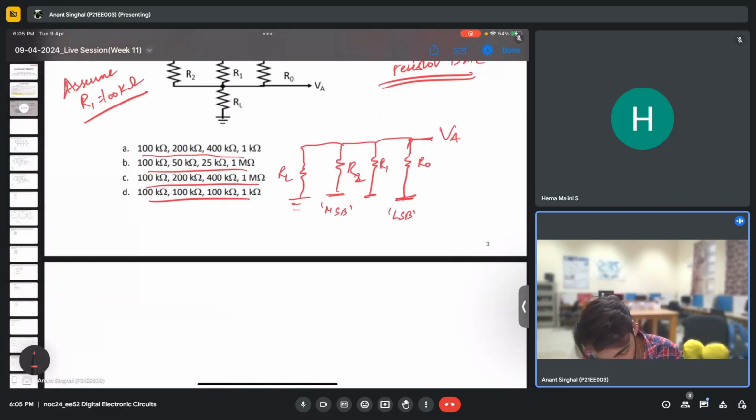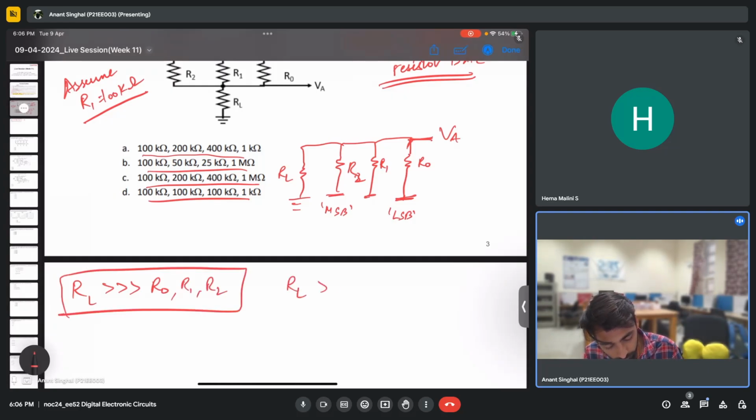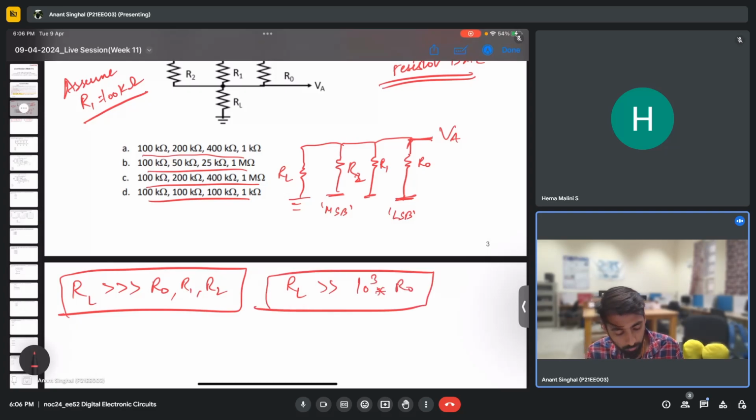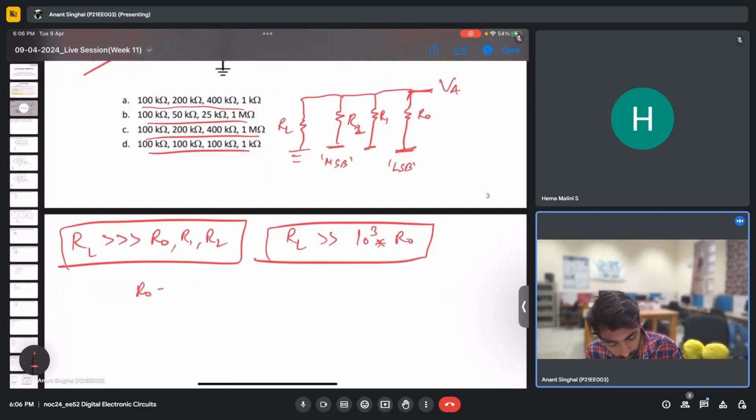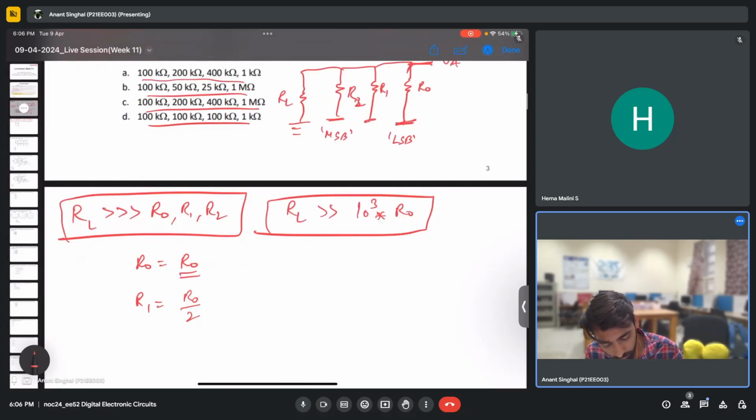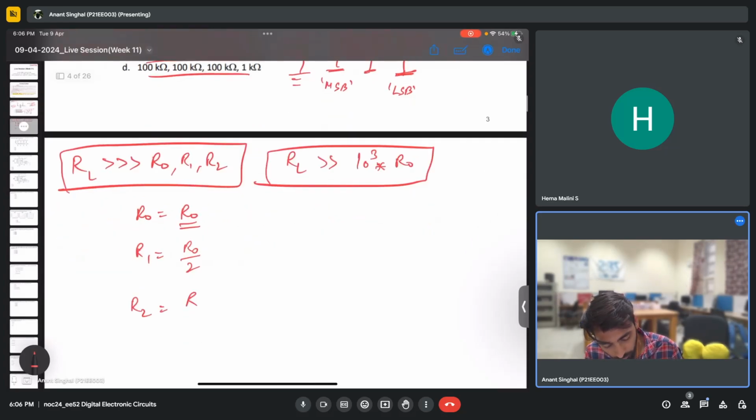First of all, RL is very high as compared to any of the resistors R0, R1, R2. It is almost three orders higher than R0, because this is the load resistance, so it needs to be higher. Then R0 is a resistor with a value of R0, R1 is given by R0 by 2, then R2 is given by R1 by 2, that will lead to R0 by 4.